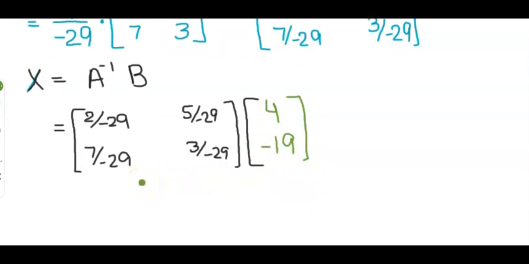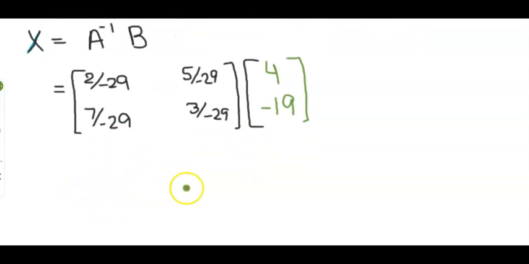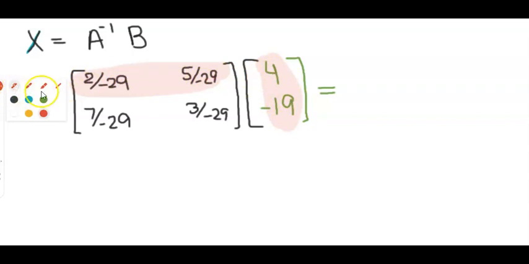Now you know how to multiply matrices. It's a row times a column. First we find out, can we multiply them?